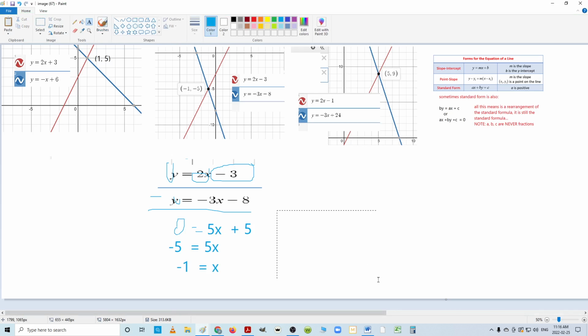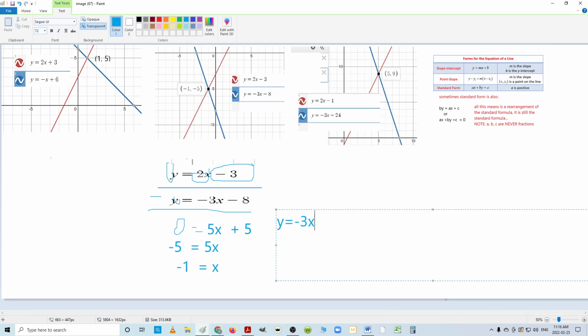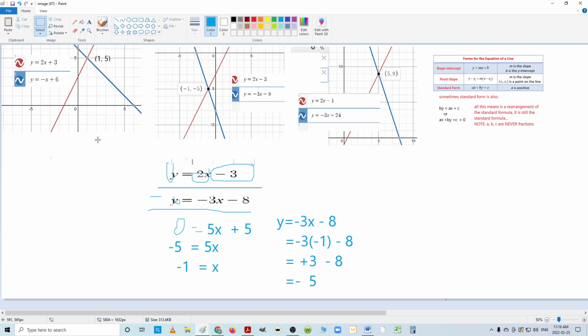I take any of these formulas, and wherever I see x, I put in the x value I just discovered. Minus 3 times minus 1, minus 8, and I get plus 3 minus 8, which is minus 5. And once again, that method works as well.